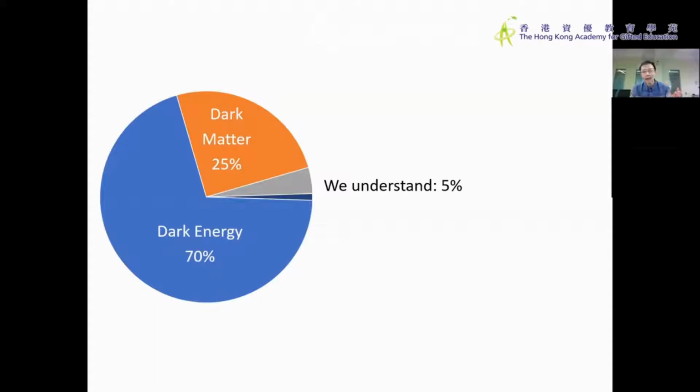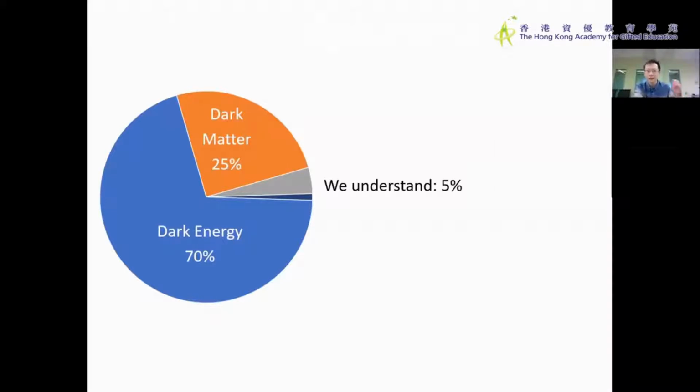And that dark energy, we don't even know what they are, okay? Even their gravitational interaction is different. In some senses, it's not even gravitational attraction, it is a repulsive force. It's so complicated, we don't know them, but we can feel them through gravity. This is dark matter and dark energy.